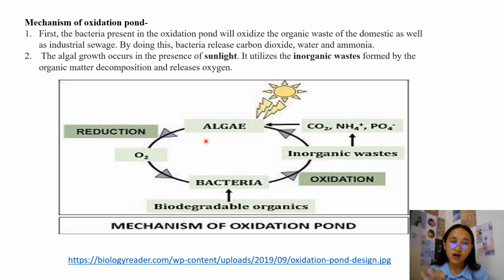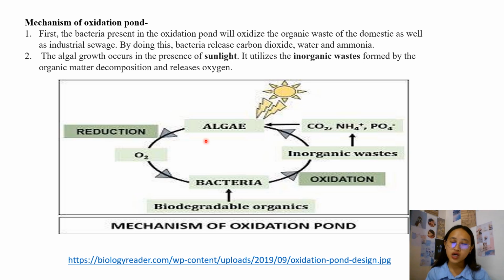Later, these algae harness that carbon dioxide to reduce inorganic waste like nitrogen and phosphorus compounds, etc. As the oxidation and reduction reactions co-occur, this oxidation pond is sometimes called a redox pond. Redox means when oxidation and reduction both are occurring, right?